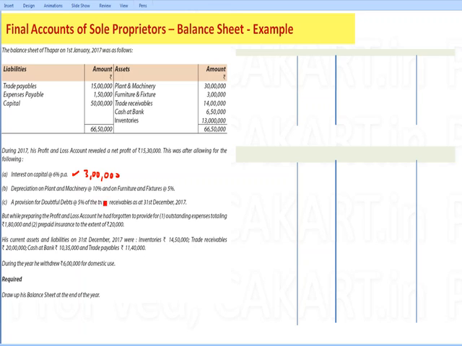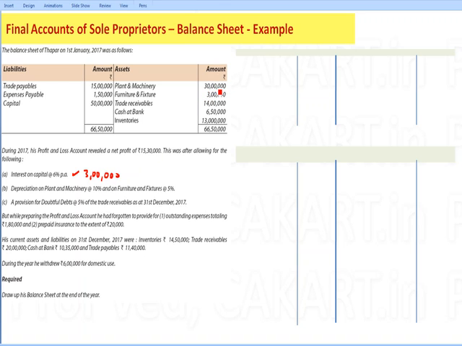Depreciation on plant and machinery at 10% and on furniture and fixtures at 5%. So depreciation, this is the adjustment entry, no? Plant and machinery was at 30 lakh rupees, and 10% depreciation is 3 lakh rupees.